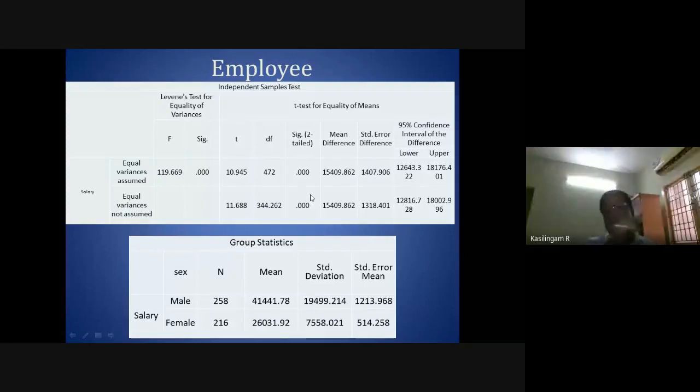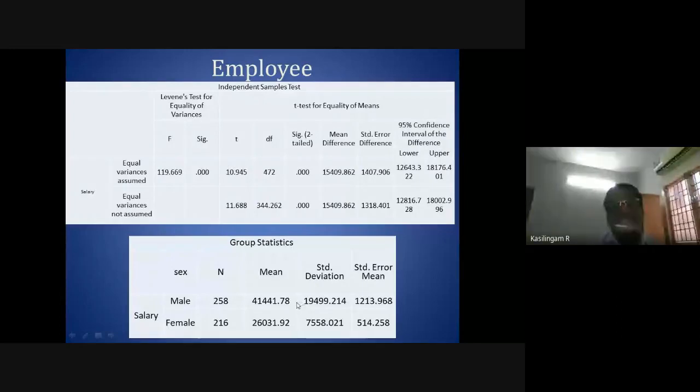Now, when it is different, then we have to see the mean value. X1 bar is not equal to X2 bar. X1 bar minus X2 bar may be minus or plus. What is that? Now let us see. Male salary is 41,441.